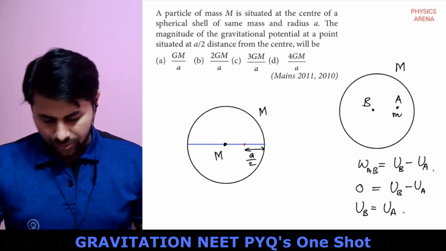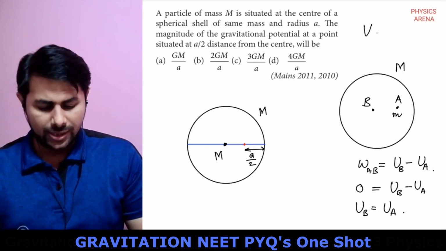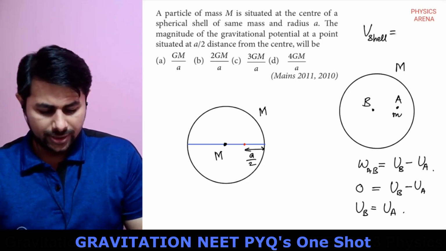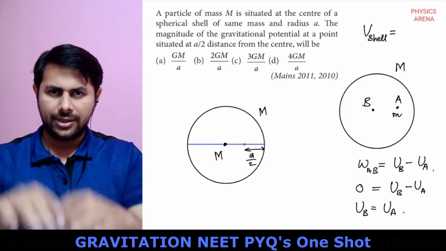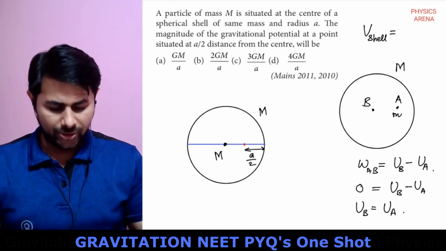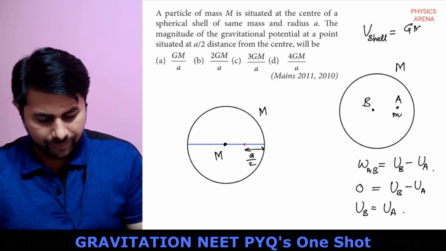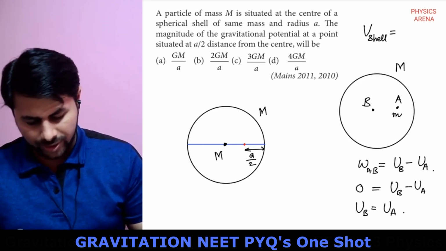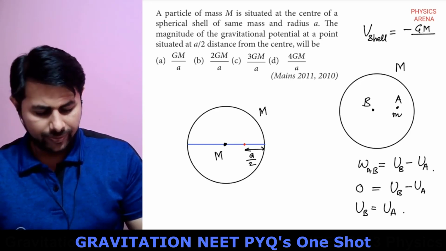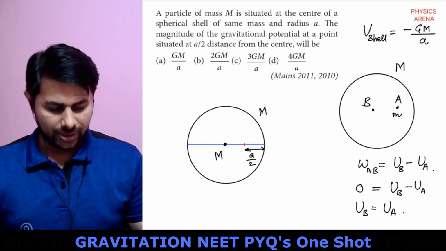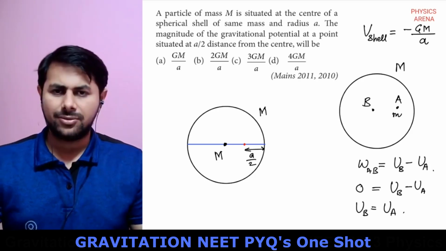Therefore the potential inside the shell due to the shell is constant. So the potential due to the shell at all interior points will be minus Gm over the radius of the shell. Got it?